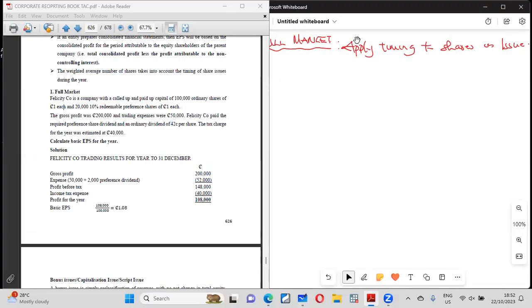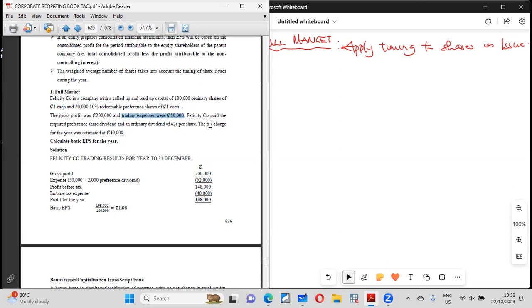So we've already said you apply the timing, but in this question we are told that the gross profit is 200,000 and the trading expense is 50,000. Fidelity Company paid the required preference share dividend and ordinary dividend of 42 cents per share.